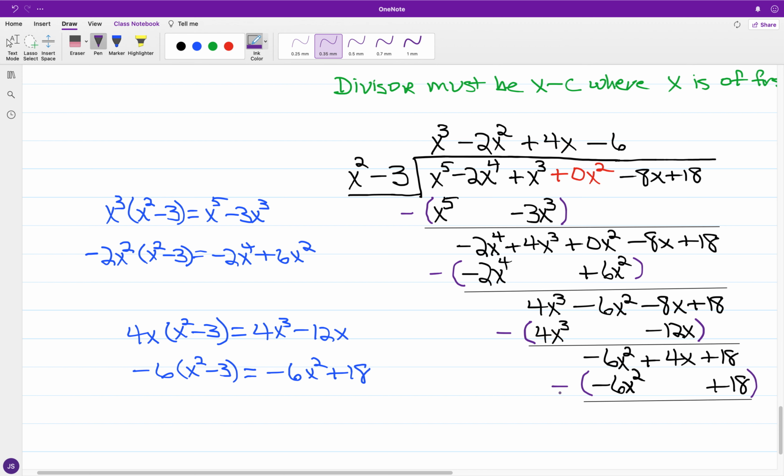Subtracting once more, negative 6x squared plus 6x squared goes out. 4x is untouched, so this will be brought down. And the 18s are going to end up canceling.